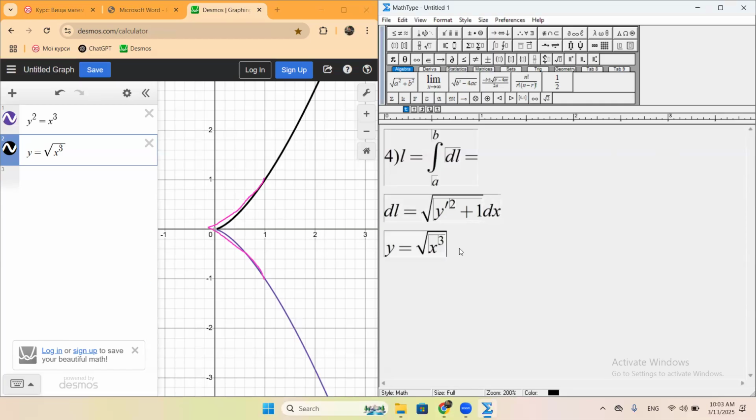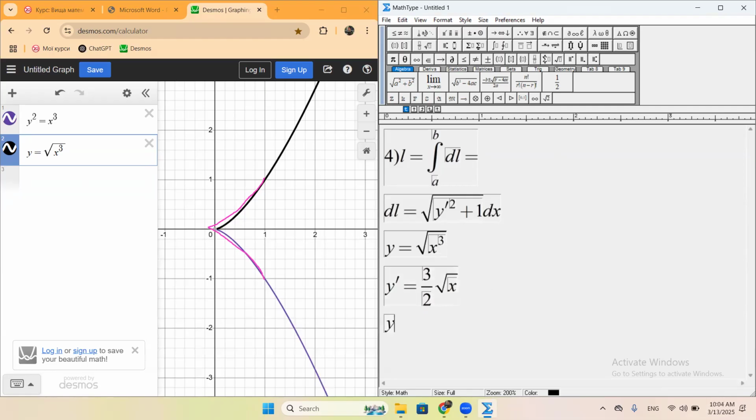So first of all, let's differentiate y. So y prime equals 2 over 3, and, oh, stop. 3 over 2, sorry, 3 over 2 and square root of x.